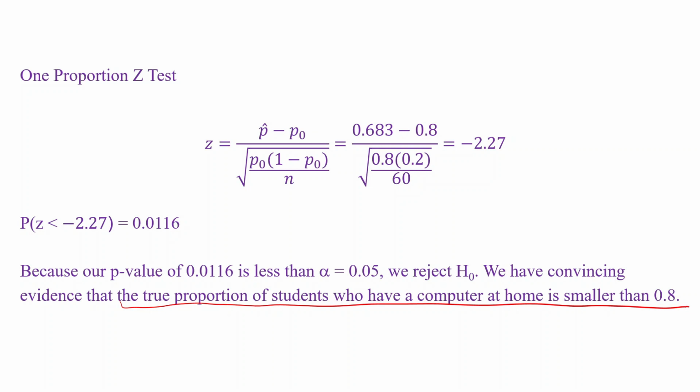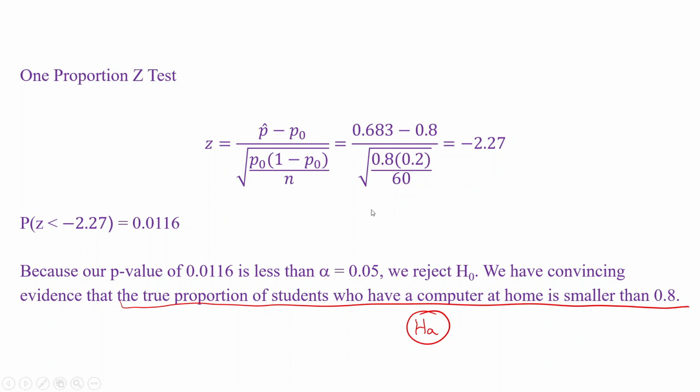And because we have convincing evidence, we usually summarize it by communicating what the alternative hypothesis is. So we have convincing evidence of the alternative. Okay? We have convincing evidence of the alternative, and that sentence is communicating what the alternative is. The true proportion of students who have a computer at home is smaller than 0.8. If we do not have convincing evidence, we would say we do not have convincing evidence of the alternative in context.